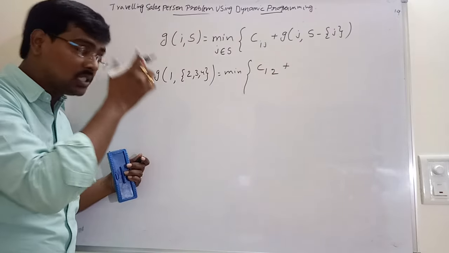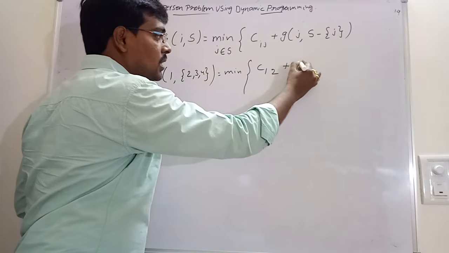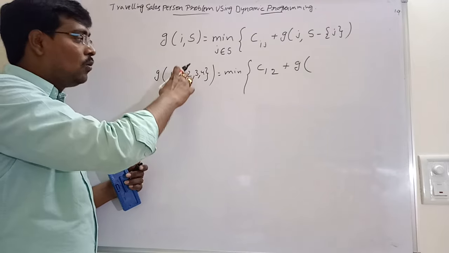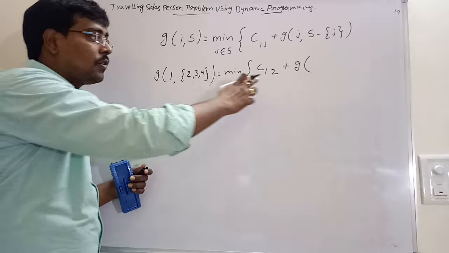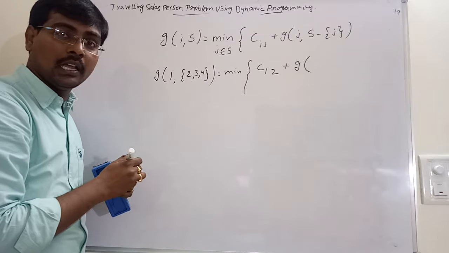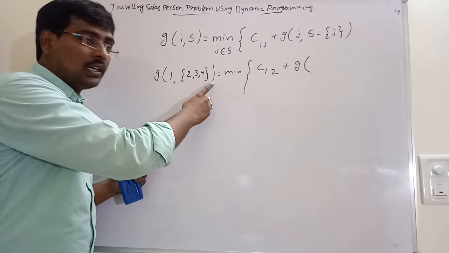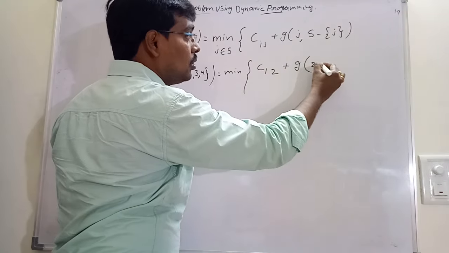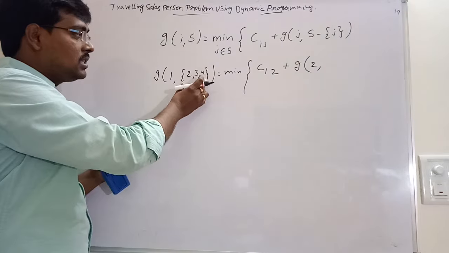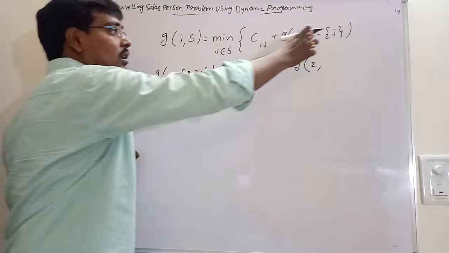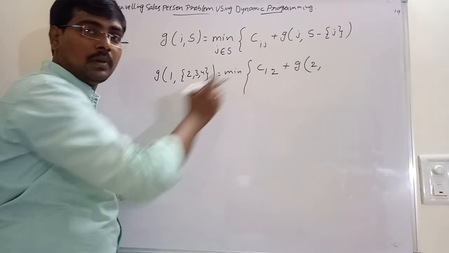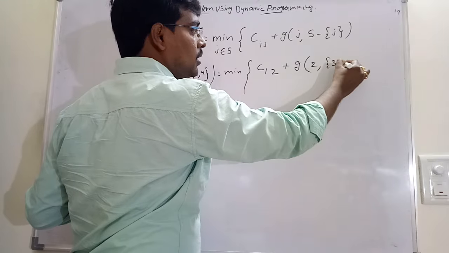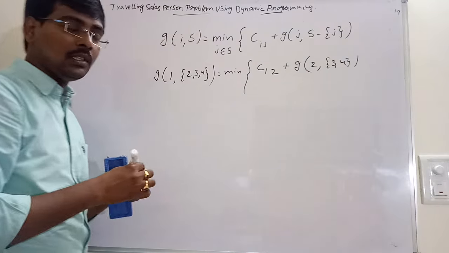Then 1 to 2 is completed. From 2, to which vertex do we move? 3 or 4, that is, j is 2 and S is the entire set {2,3,4}, minus j, that is minus 2, giving {3,4}. So observe the formula.